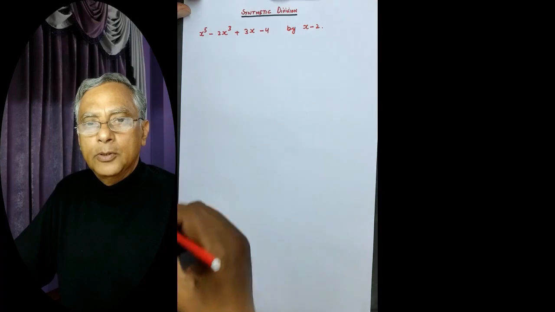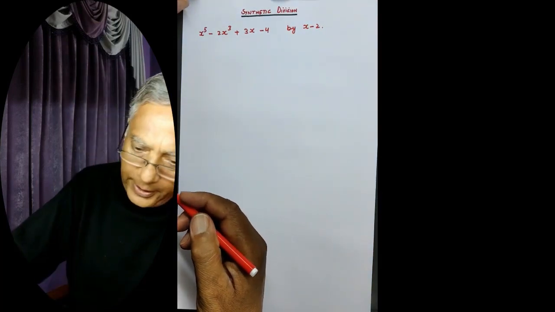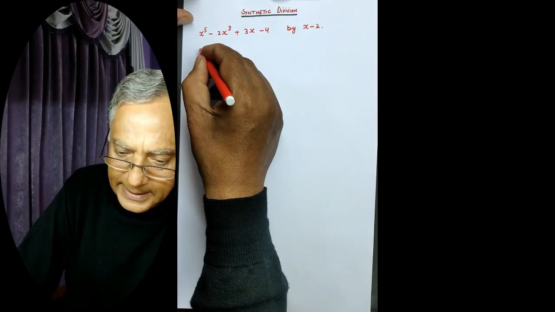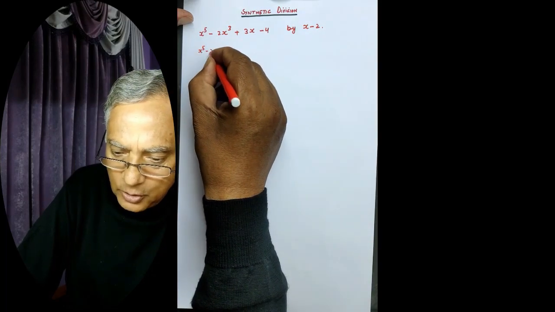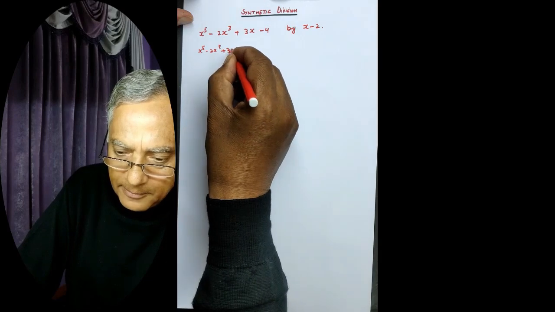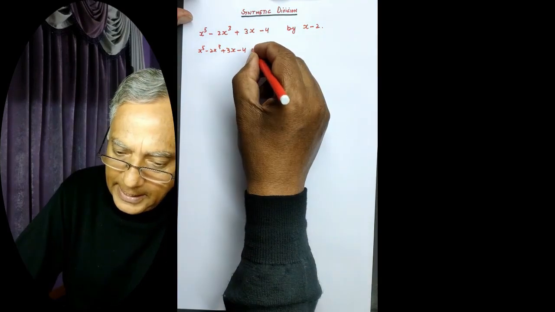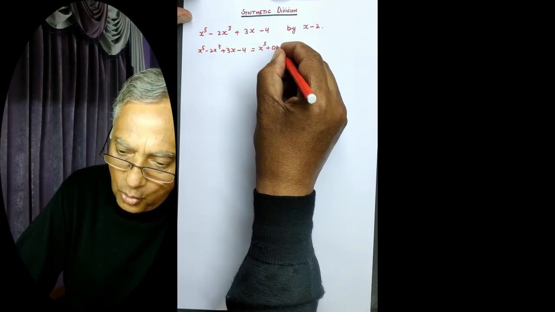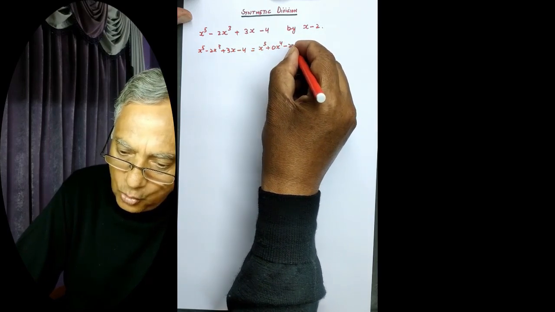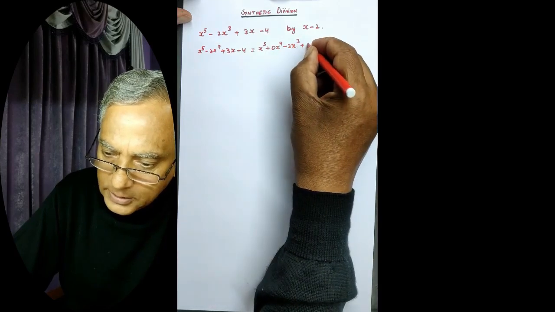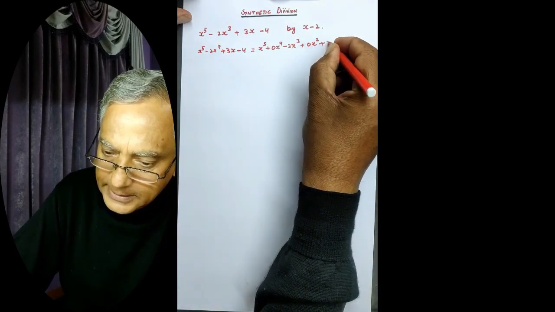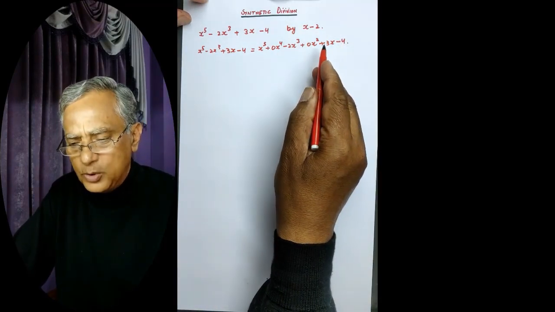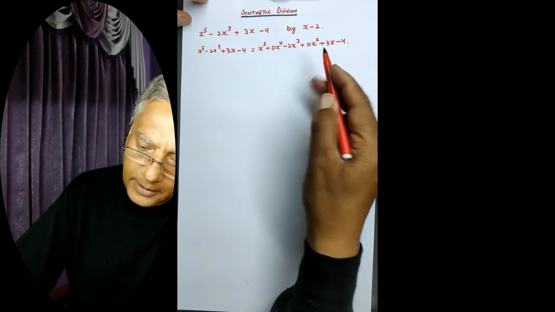So what we do is we complete this polynomial. Write this as x^5 plus 0x^4 minus 2x cube plus 0x square plus 3x minus 4. Complete the polynomial. You can do this step orally and write the coefficients.